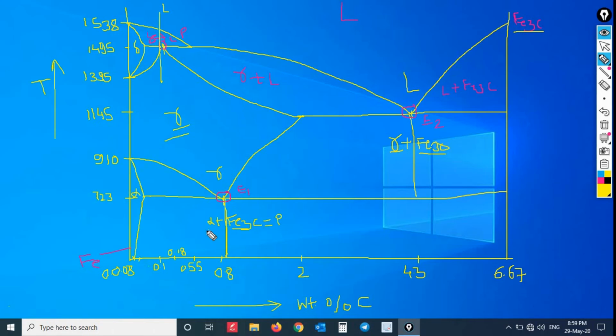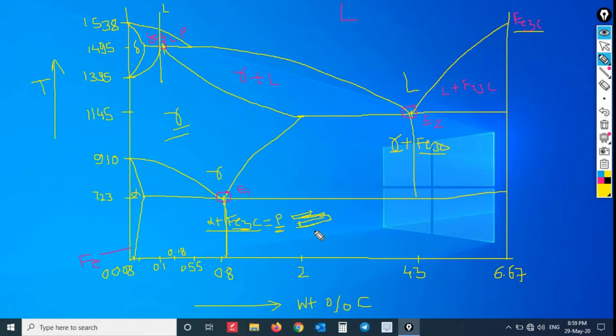The mixture of alpha plus Fe3C is called pearlite. Why is it called pearlite? When you see the microstructure of pearlite under the microscope, the structure looks pearl-like. Pearl-like means alternate layers of alpha and Fe3C, one white, one black.